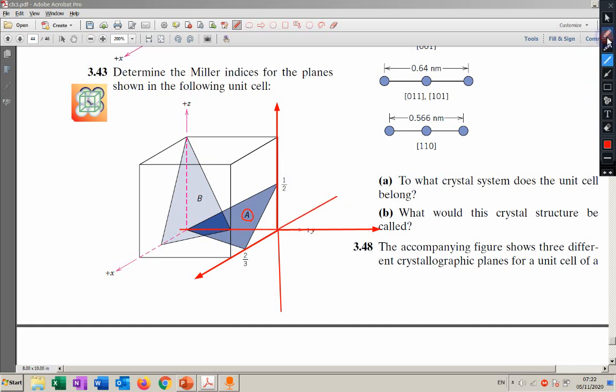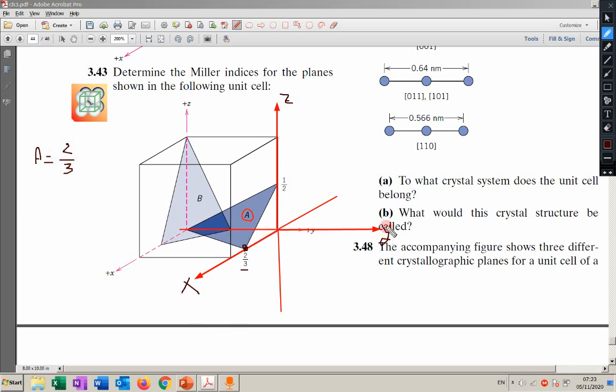Now let's see if we have direct intersection of the plane with the axes. This is y, this is x, and this is z. The intersection with x, I'm looking at the line, whether on the positive side or the negative side. I have it somewhere here. This point is on the axis, so I can take this as the x-intercept, which is capital A, and it will be 2/3.